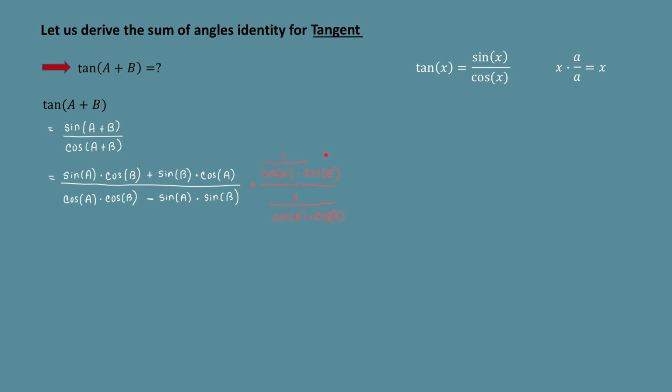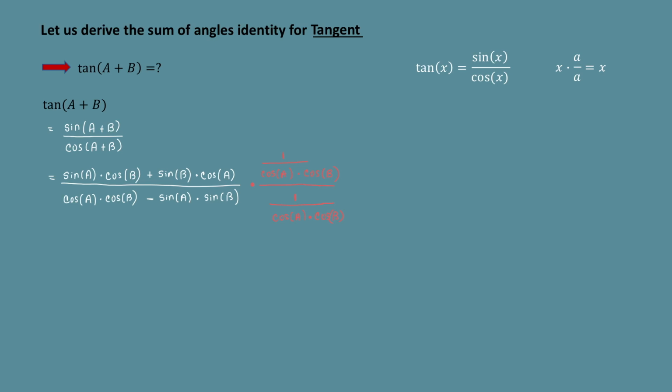And I want you to notice that this fraction is identical to this fraction. And what we are going to do now is take this and distribute that with the sum that we have on the left.